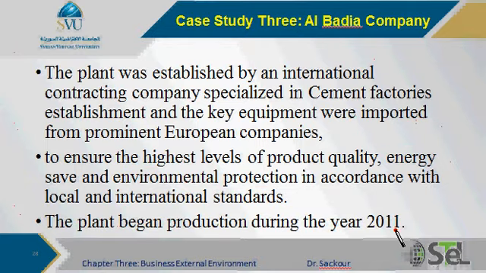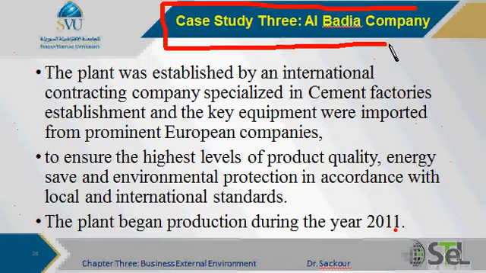At the end of this chapter, we mentioned case study 3, Al-Badia Company, a very famous and interesting company working in Syria. The plant was established by an international contracting company specialized in cement factories.